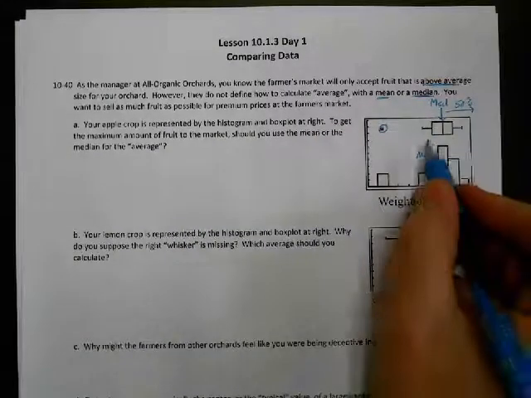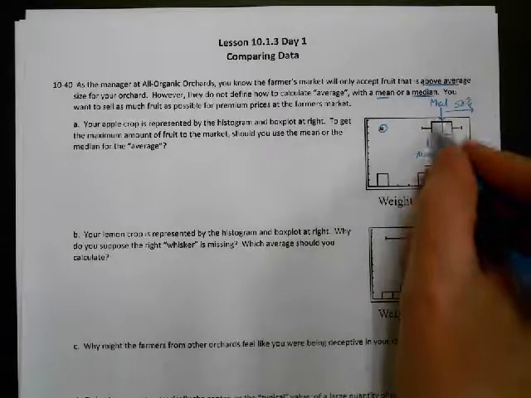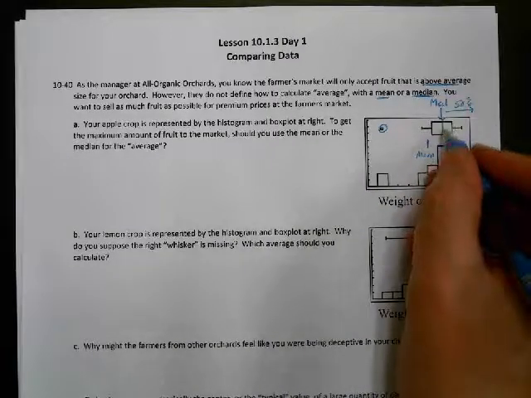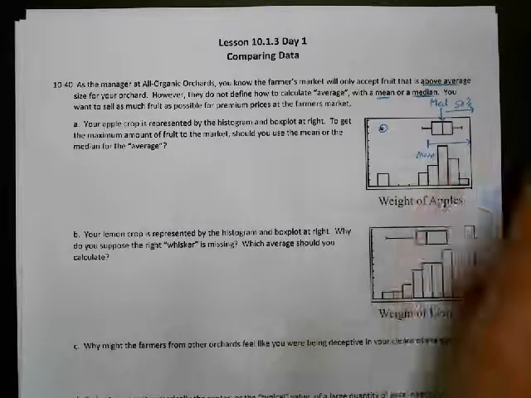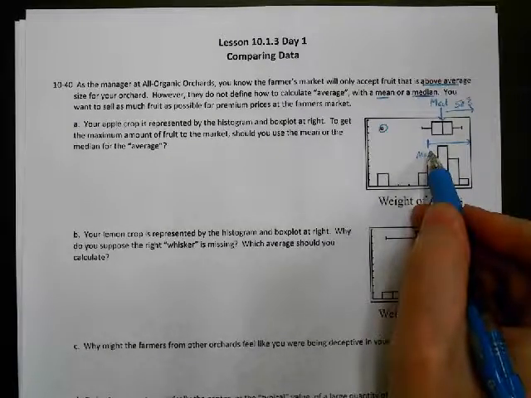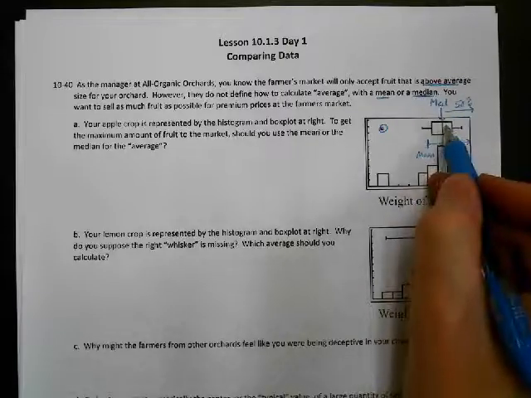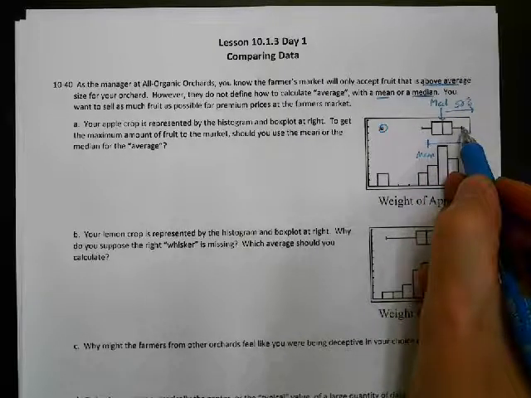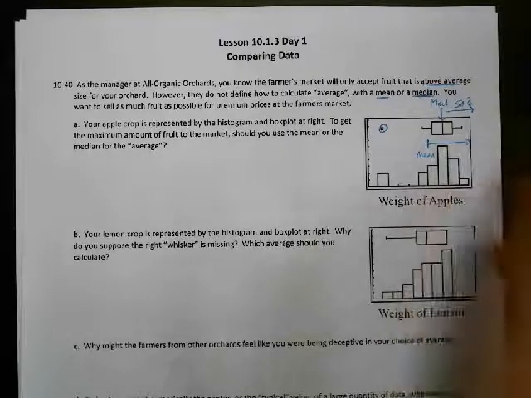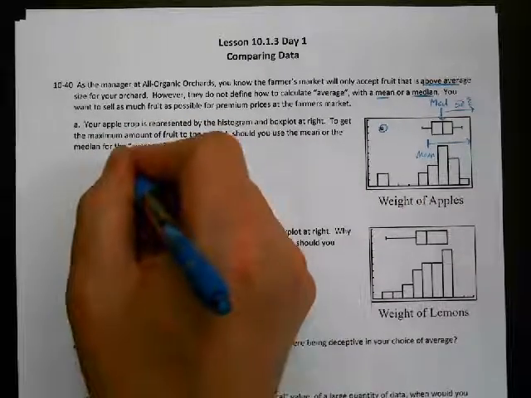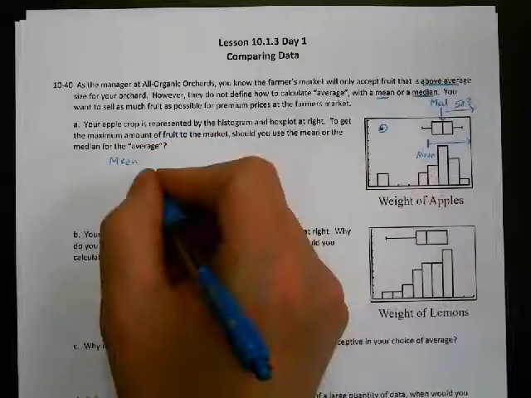Now what that means is if my mean is over here and this is 50% of my data, I can get more than 50% if I use the mean. Because if I use the median, I'm at 50% of my data, and if the mean got pulled this way, I'm getting more than 50%. So I'm going to use the mean, because then I can sell more of my apples.